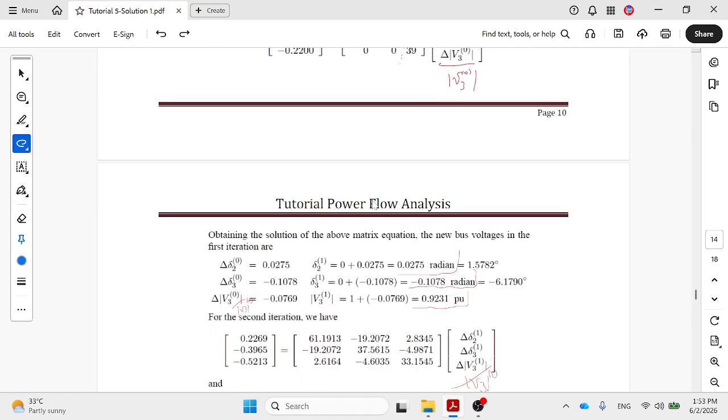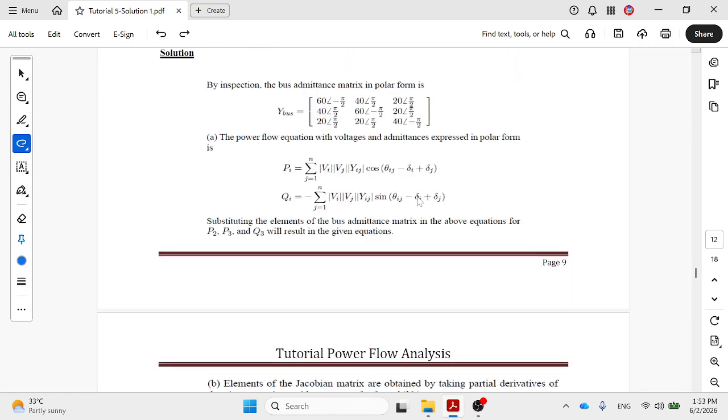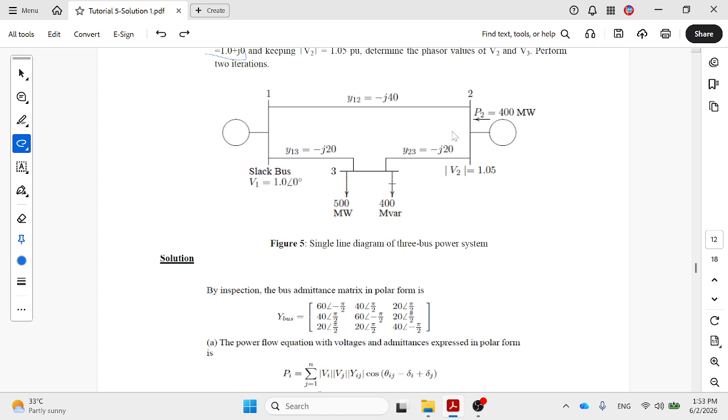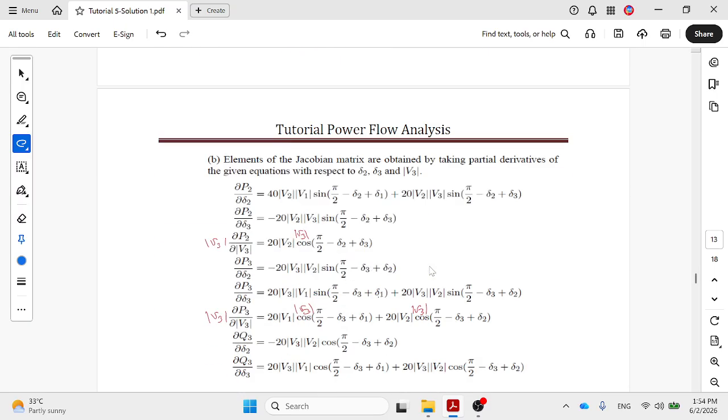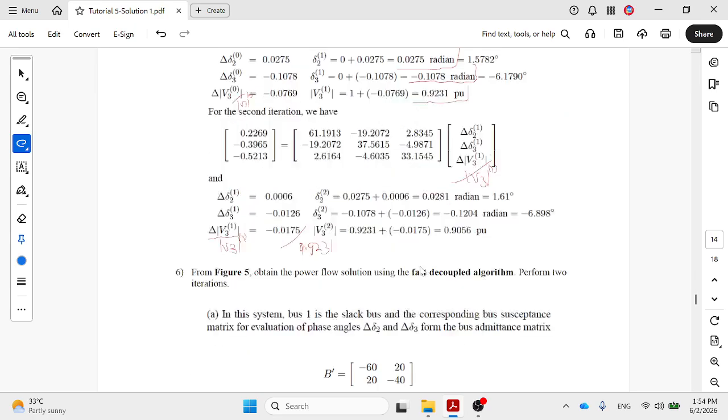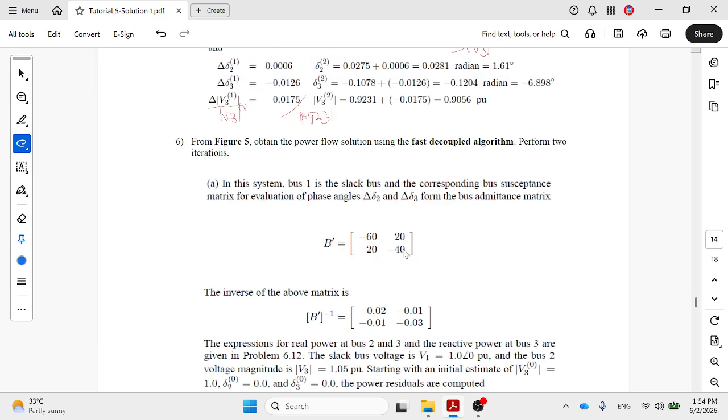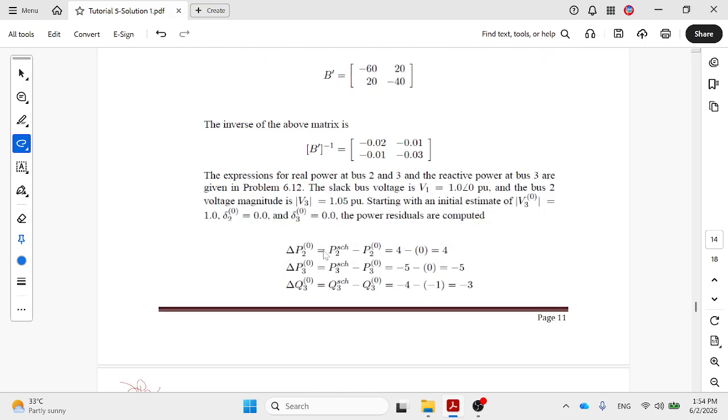Looking here, bus 2 is 60, 40, 20, 60, and bus 3 is 40 with 20, 20. Between this one and this one is 20. Of course, the opposite way is also the same value. So we have 60, 20, 20, and minus 40. Of course, you know why it is minus and why it's positive. So calculate the inverse of that one.